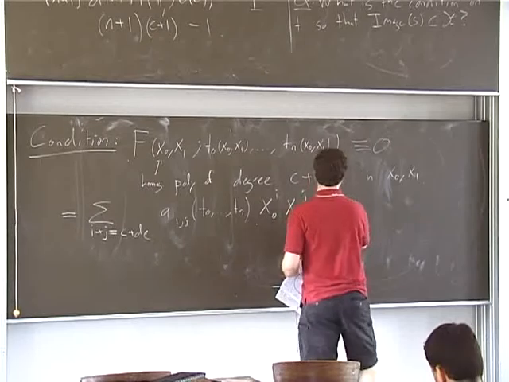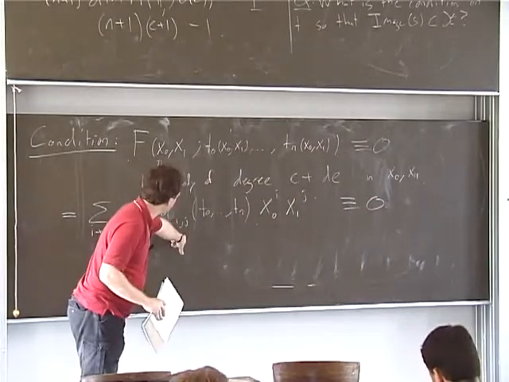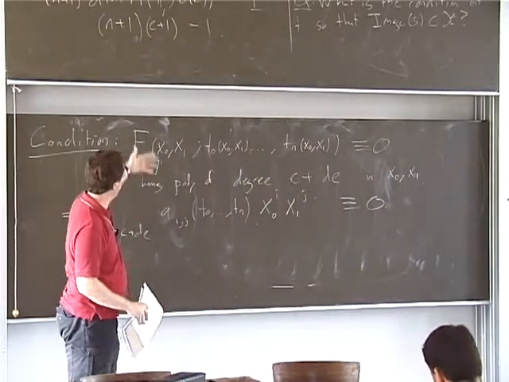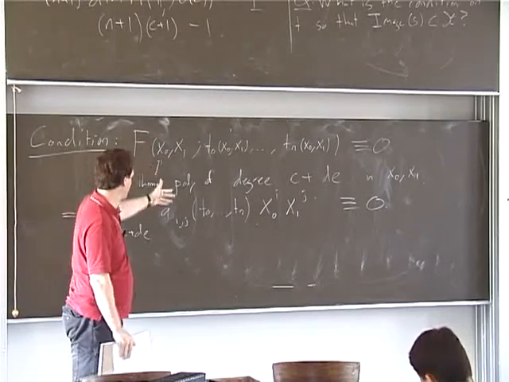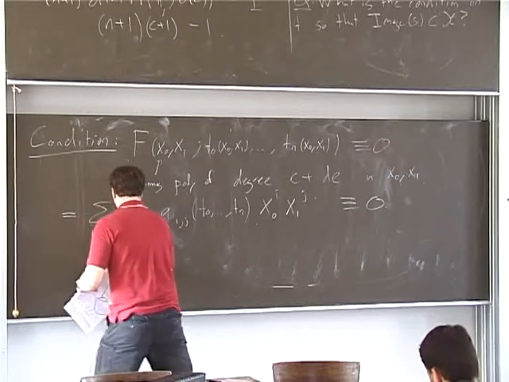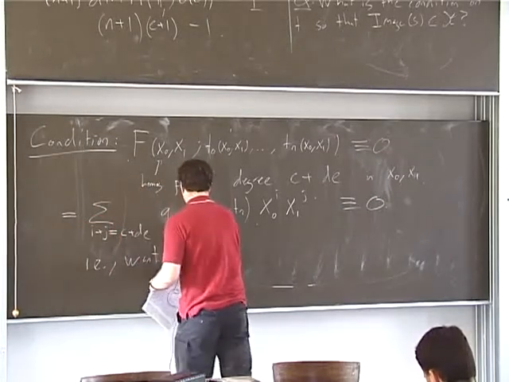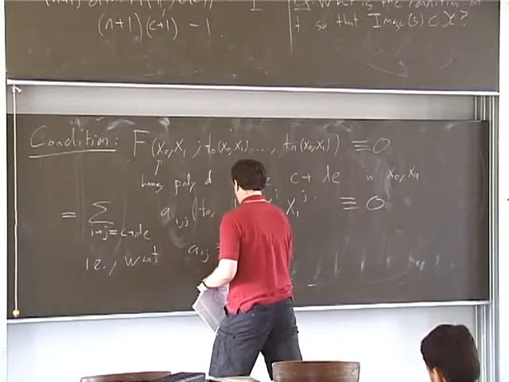And the condition is that this should be identically 0. That means that every one of these coefficients has to be identically 0. If we want this polynomial in x0, x1 to be identically 0, we want all the coefficients to be 0, i.e., we want these a_ij's to all be equal to 0.